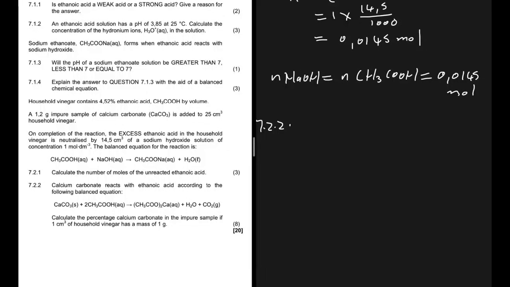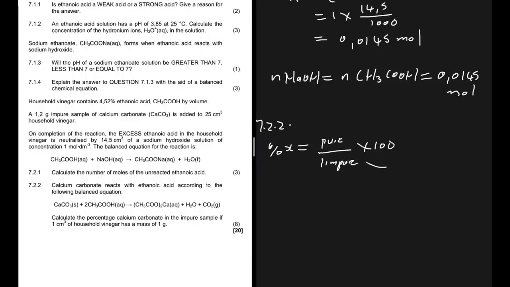So what this question basically wants us to do is calculate the percentage purity of calcium carbonate, right? And then when we calculate percentage purity, we'll always end up saying the percentage of whatsoever we have, right, is equal to the pure divided by the impure and multiplied by 100.